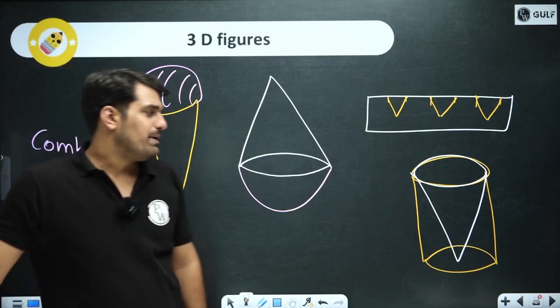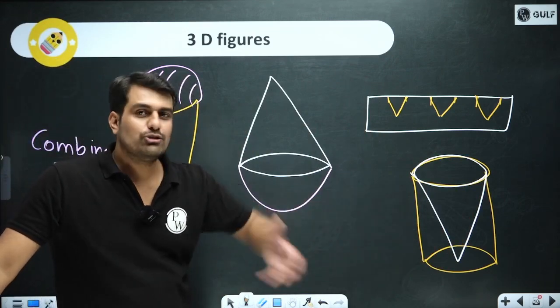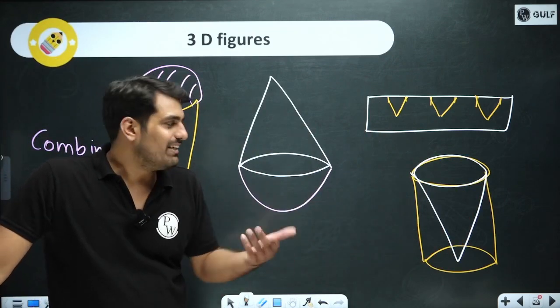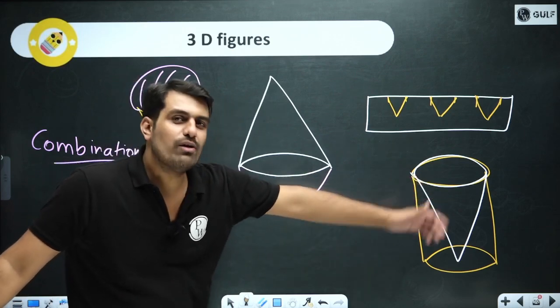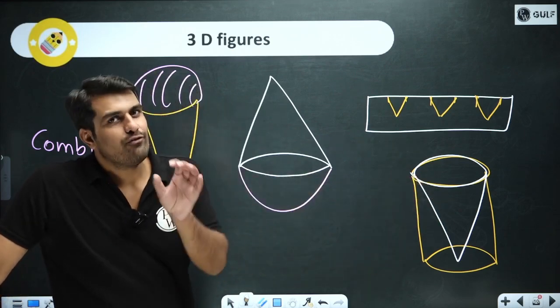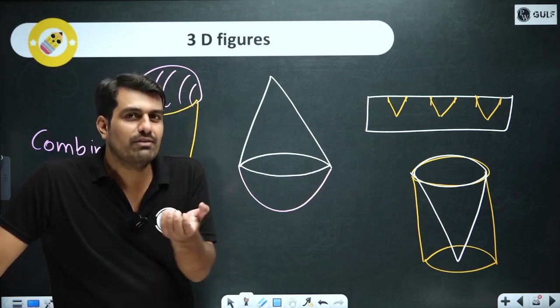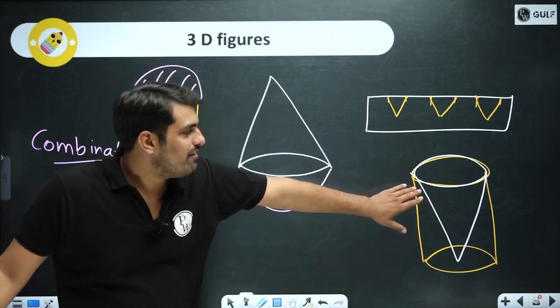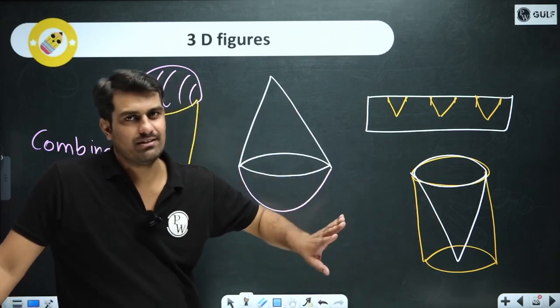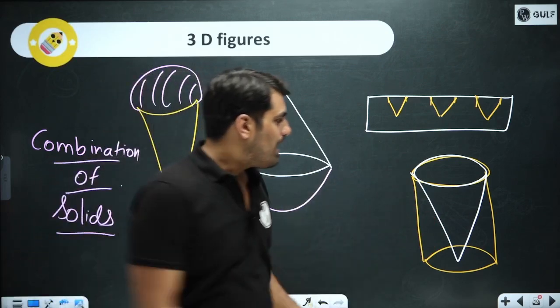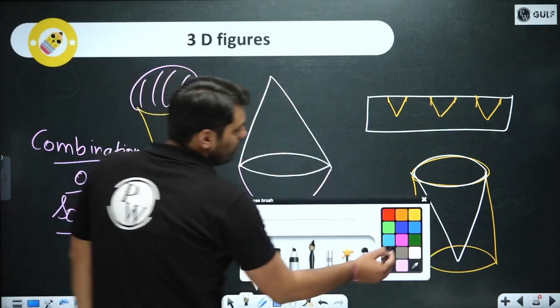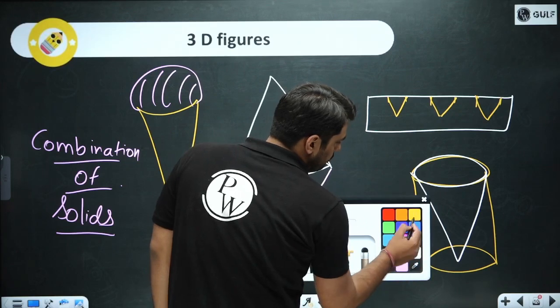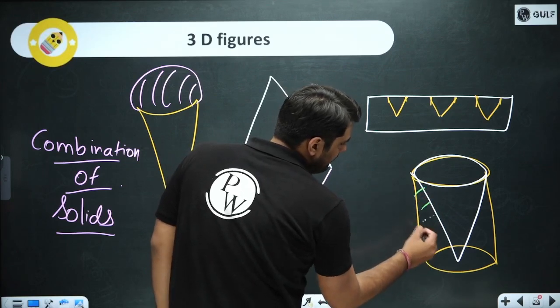Or let's say we have done an excavation. We have dug out whatever the solid cylinder had. From the solid cylinder, we have taken out the material it is made of, and we have come up with this kind of structure. In this structure, this part would be the solid, and the rest of the part would be the hollow part.